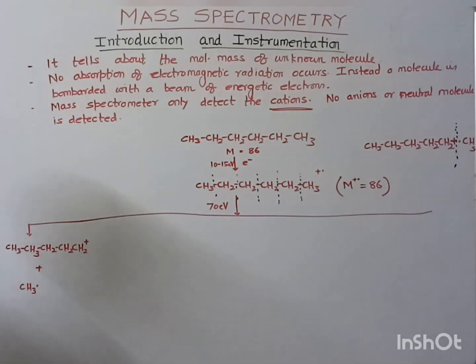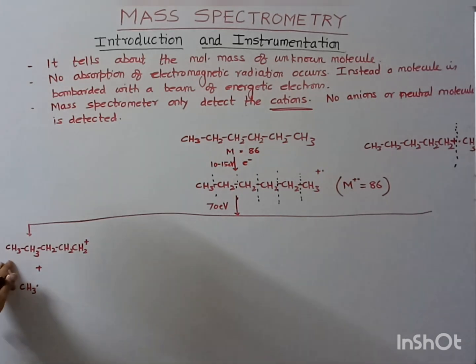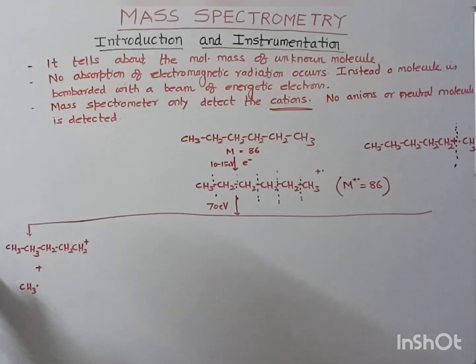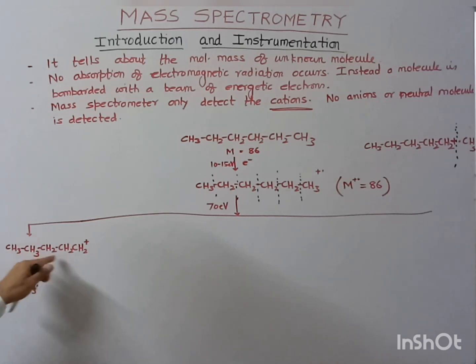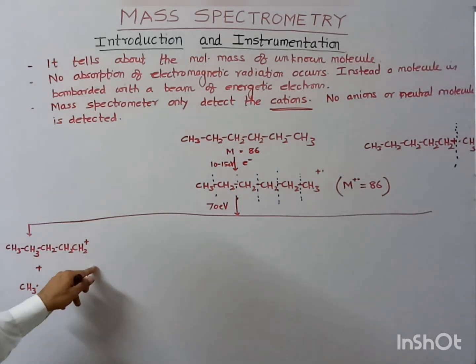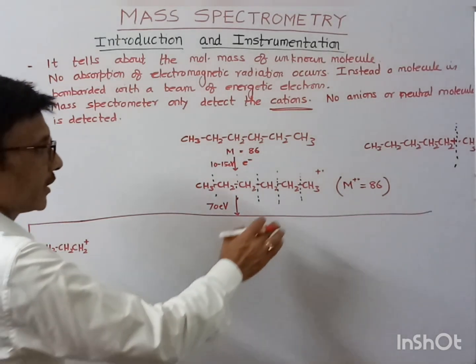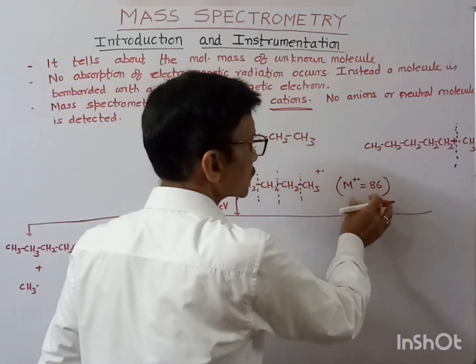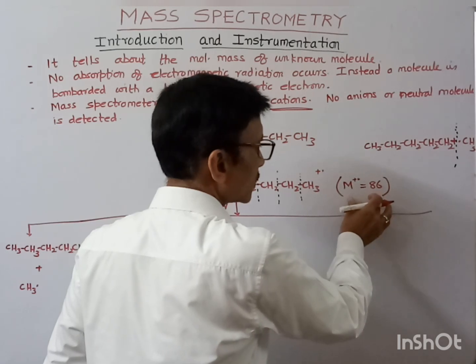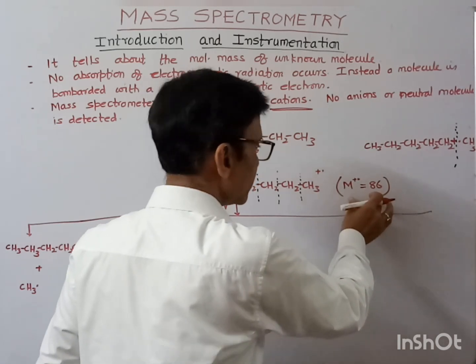Now the mass analyzer will detect only this cation, this pentyl cation, and it will not detect this methyl radical. Here the molecular mass for this molecular ion, that is the radical cation, is 86.